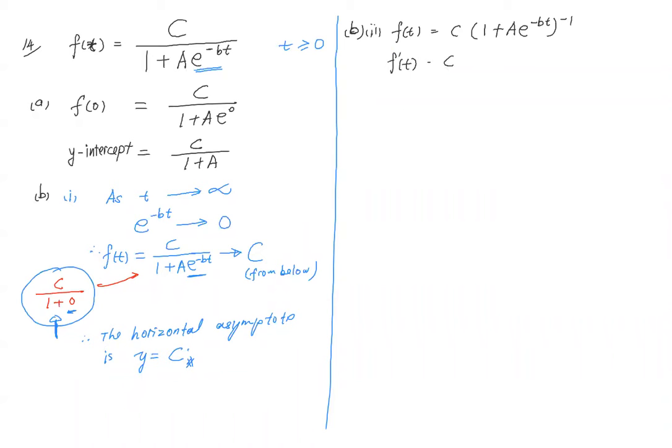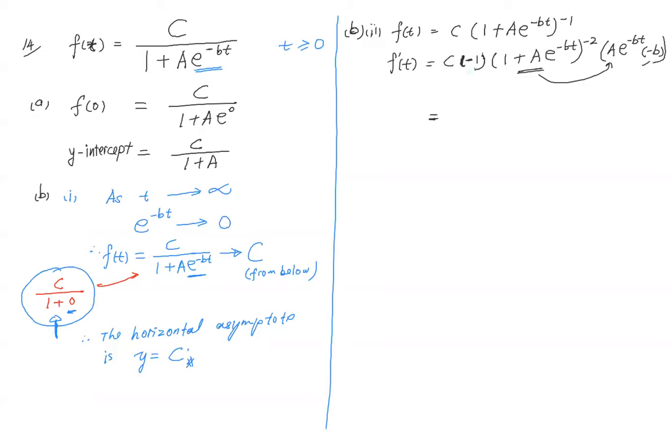So C, bring down the power. So that is a difference, a maths teacher and a non-maths teacher, okay? Then power -2. Then you have to differentiate whatever inside here, then put here. So A, e to the power -bt. Then you have to times by the derivative of the power again. Okay? So now you have, here is negative, here also is negative, so it becomes positive, correct?